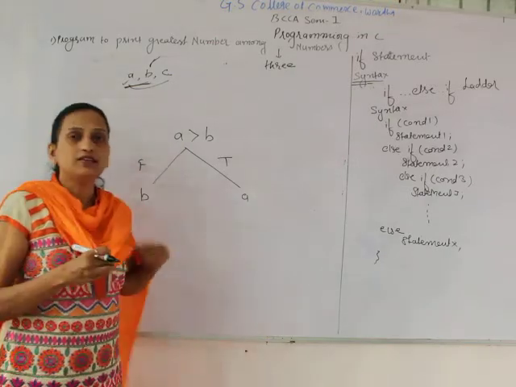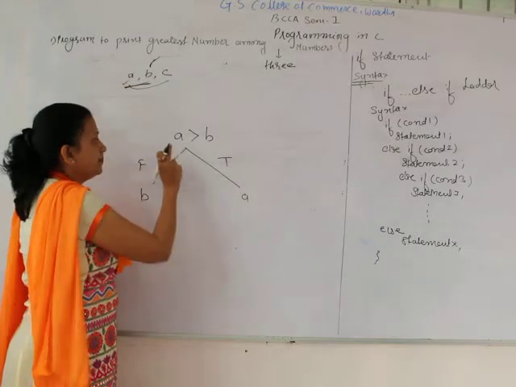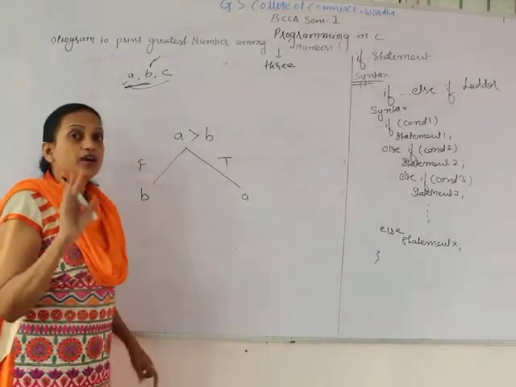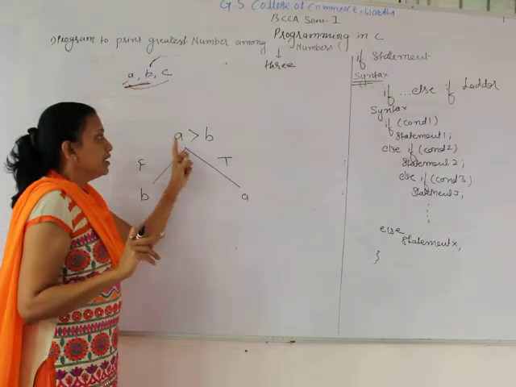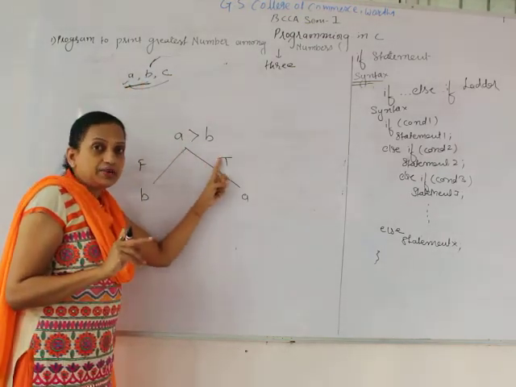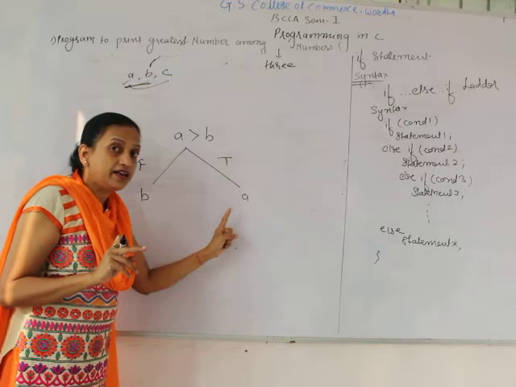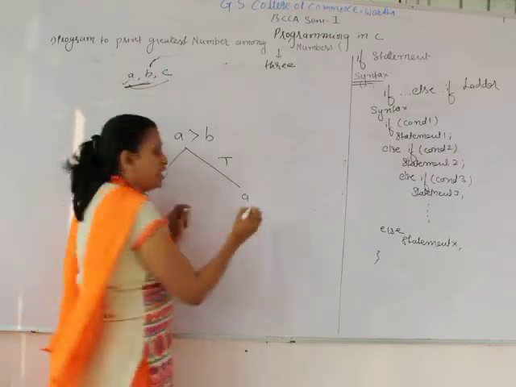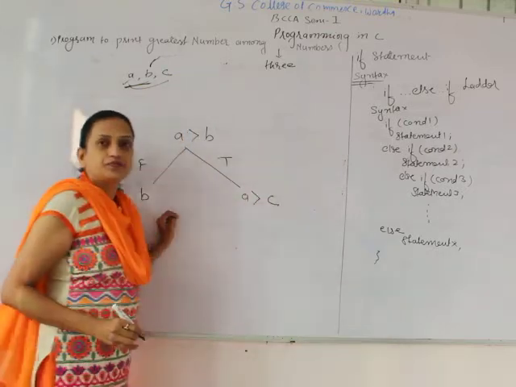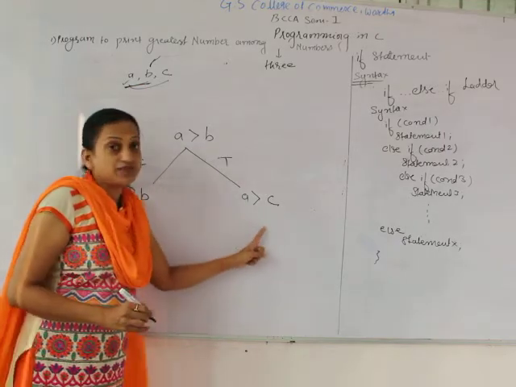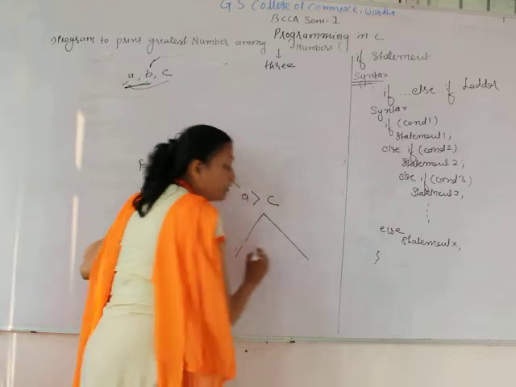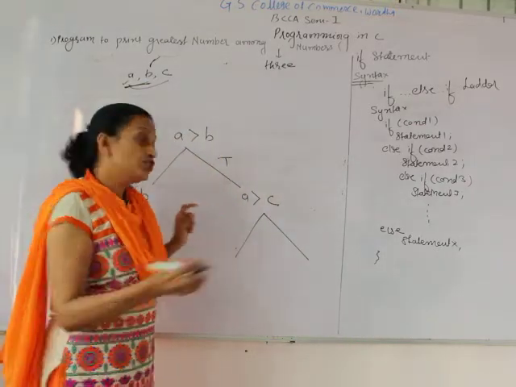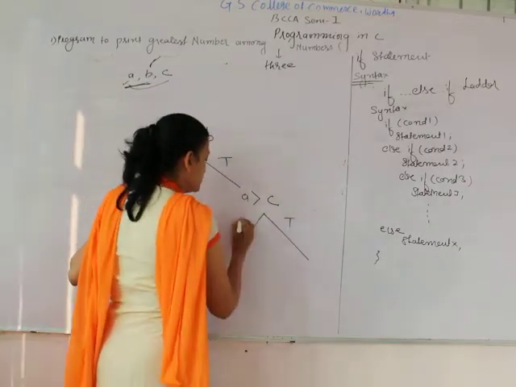Okay, now try to understand this. See, what we are doing, we are first comparing these two numbers. Now if A is greater than B, then who is greater? A is greater. Now compare this A with C. Again you are specifying one more condition here. So here we again have two possibilities, true and false.